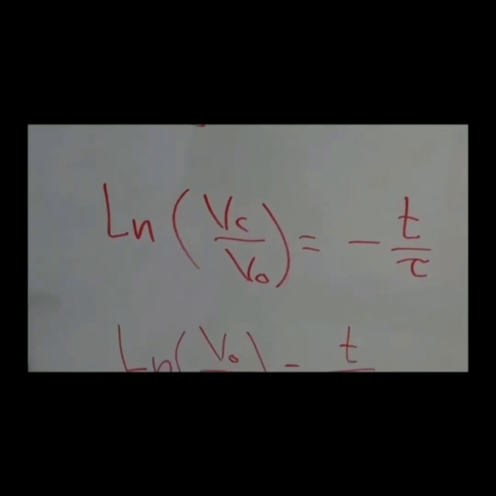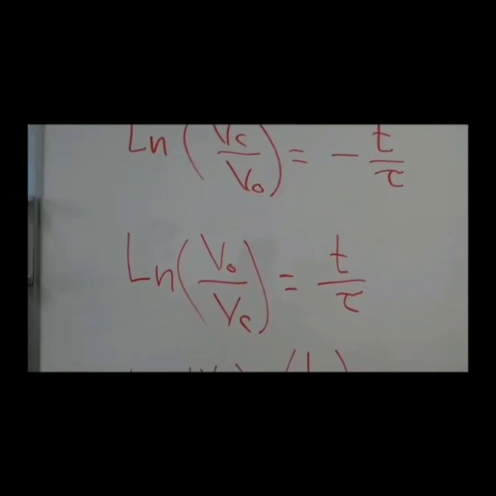To get rid of the negative sign, I can flip the logarithm. Instead of Vc over V naught, it becomes V naught over Vc. This is one of the properties of the natural logarithm, and the right hand side is t over tau, which can be written as ln V naught over Vc equals 1 over tau times t.